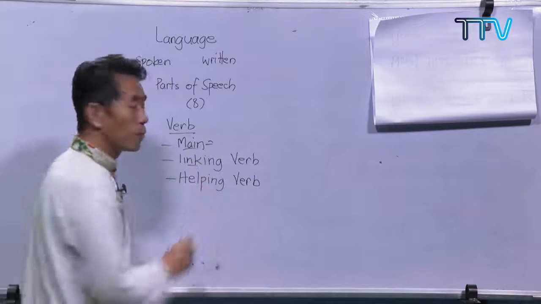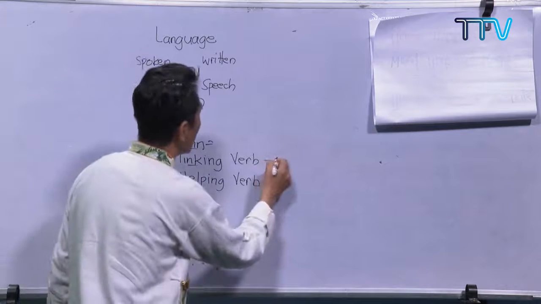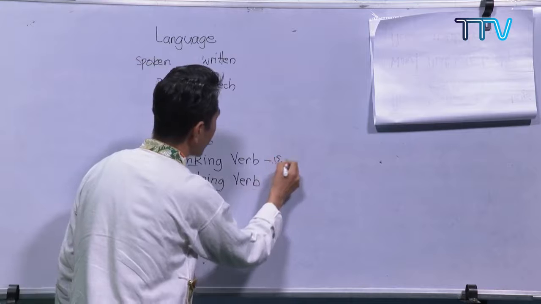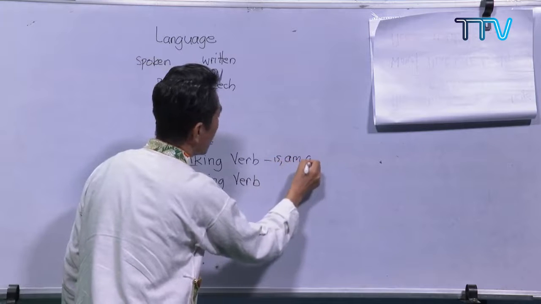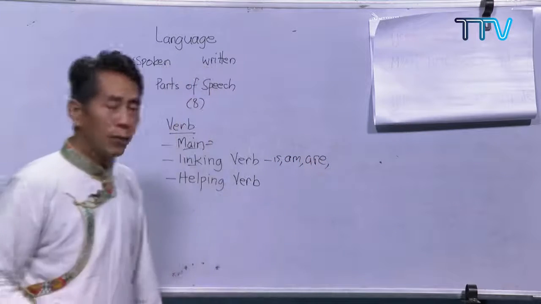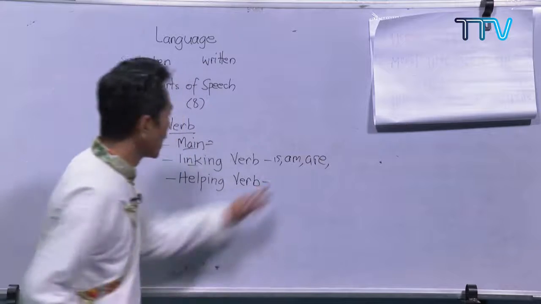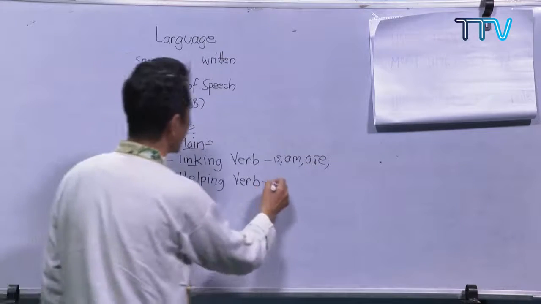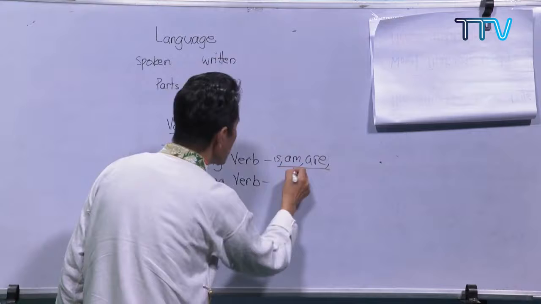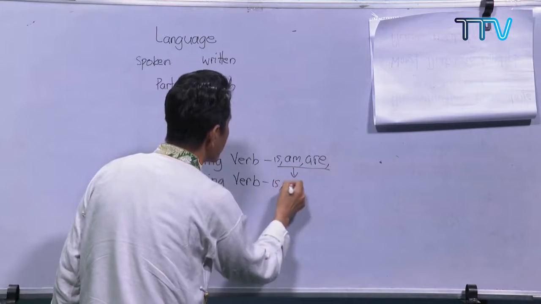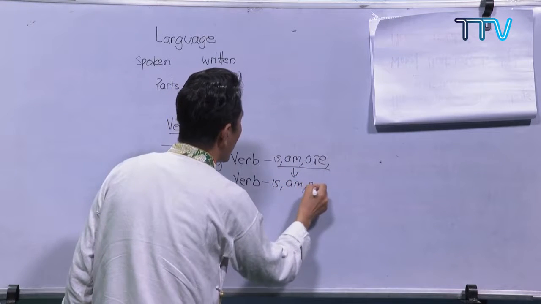And the linking verbs are words like is, am, are. These are linking verbs. And helping verbs, there are so many; in the helping verbs also, all these words are here: is, am, are.